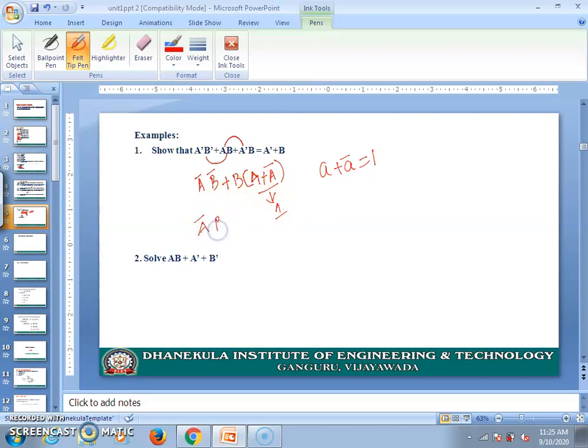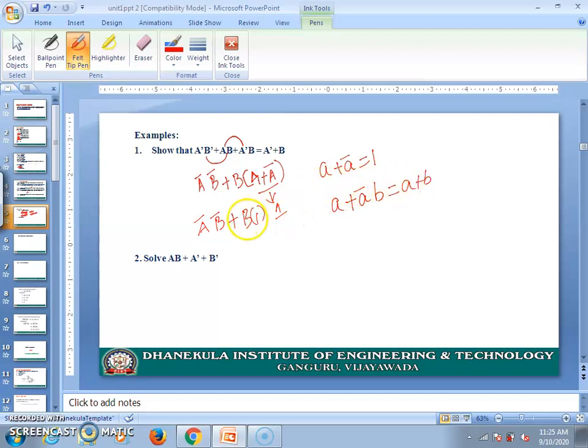A bar B bar plus B into 1. So if you observe this one, B plus A bar B bar. Now remember the auxiliary law. What is the auxiliary law? A plus A bar B is equal to A plus B.